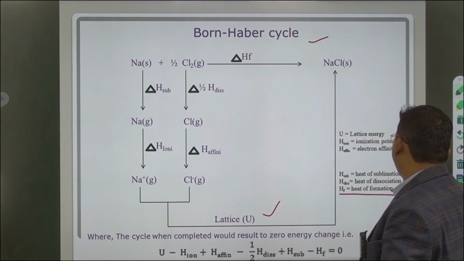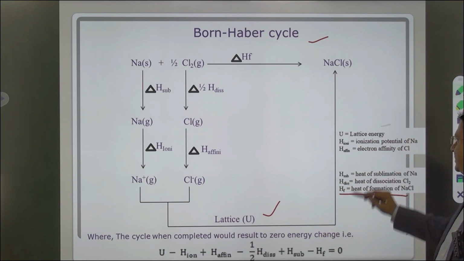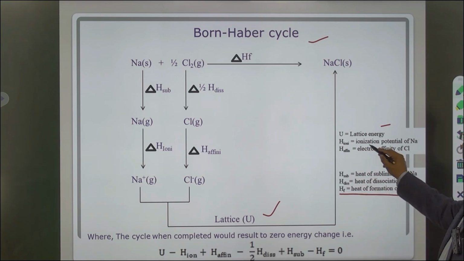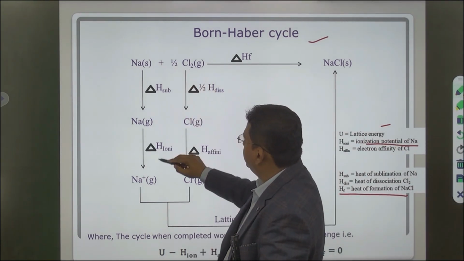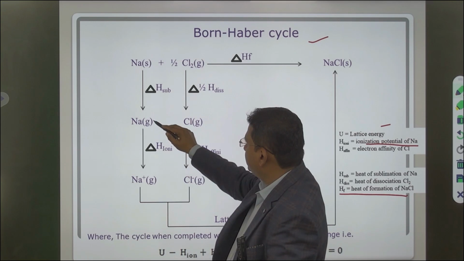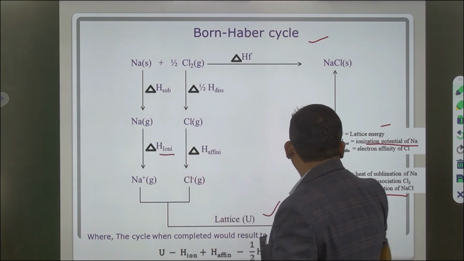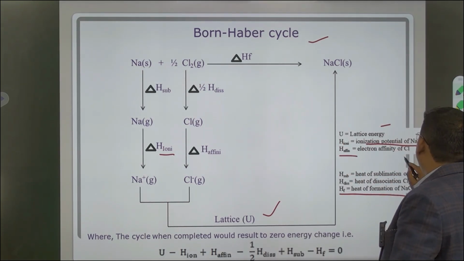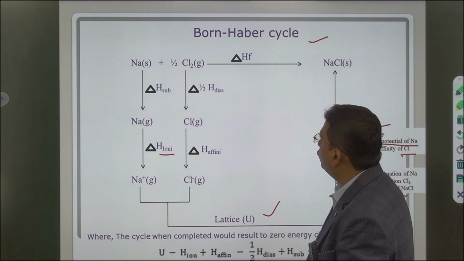Here, HF is the heat of formation of NaCl, U is the lattice energy, and H is the ionization potential of sodium. This is the electron affinity of chlorine.